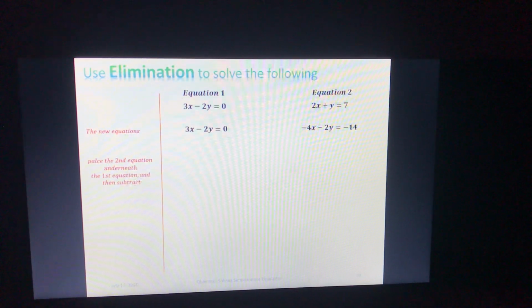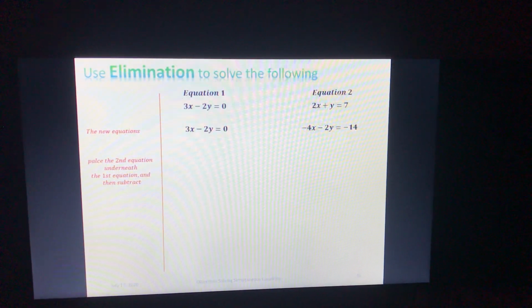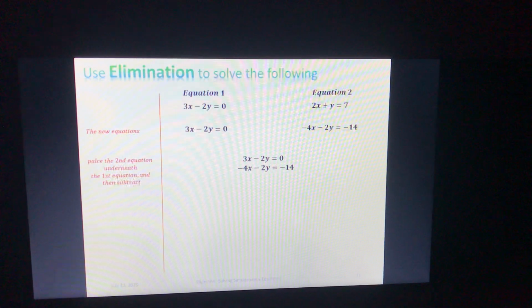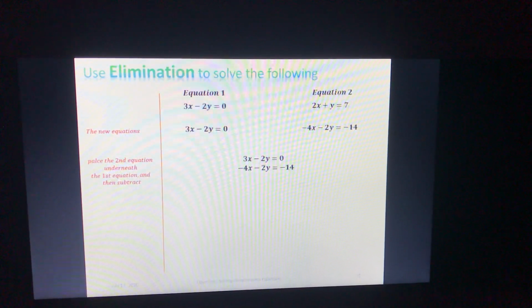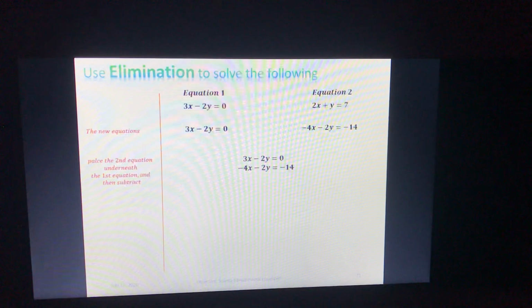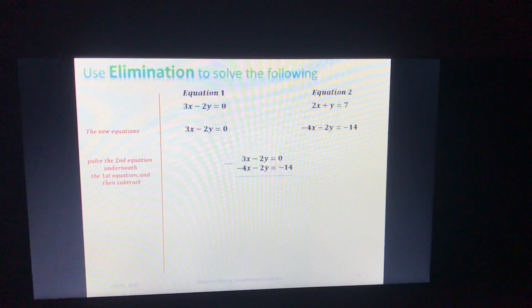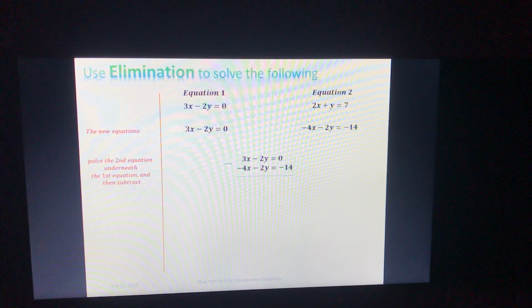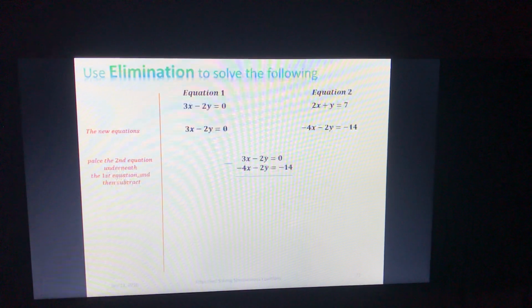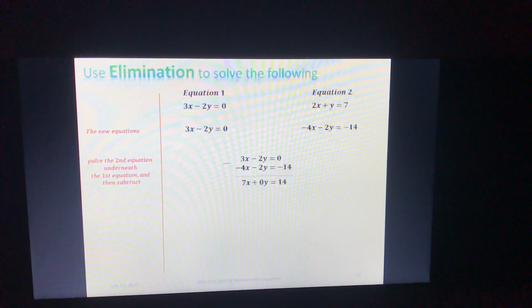Now, place the second equation underneath the first equation and then subtract, as you can see here. So 3x minus 2y is equal to 0 is the first equation. We placed the second equation underneath and we're going to subtract. So you say 3x minus negative 4x, which is 3x plus 4x, which is 7x.